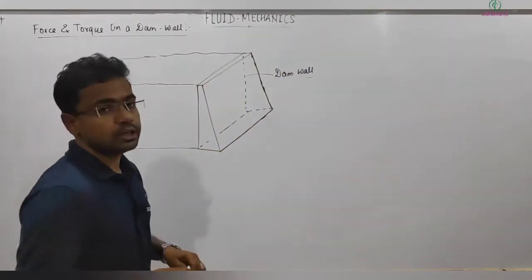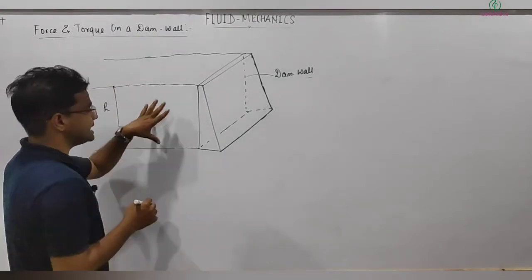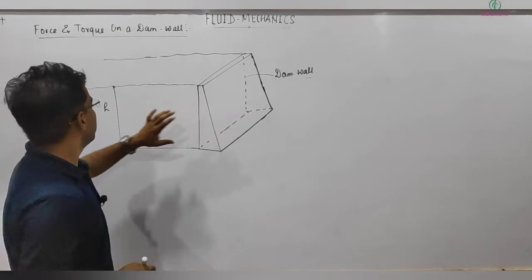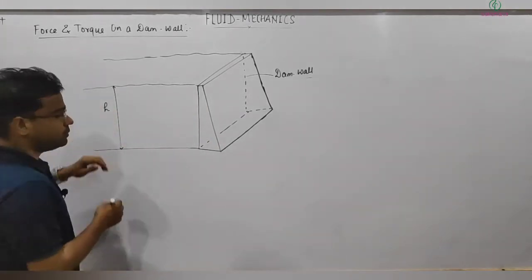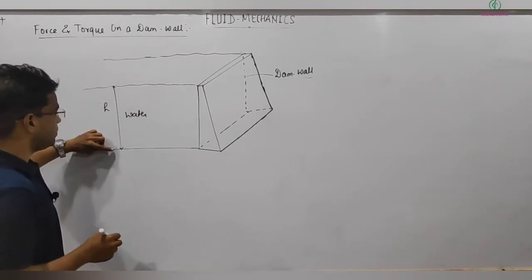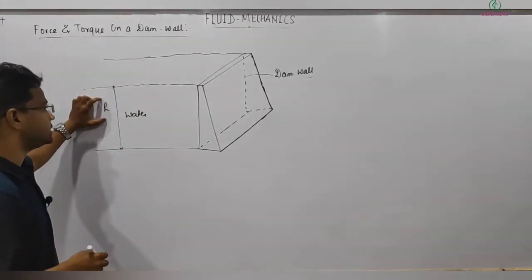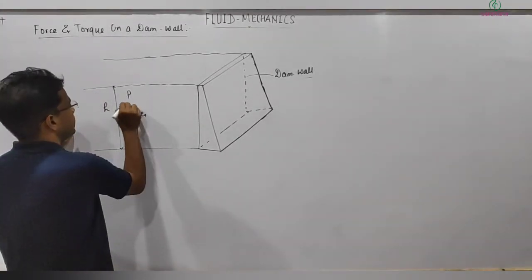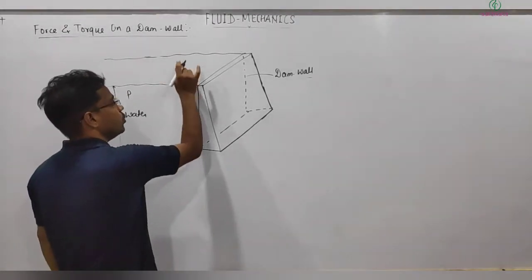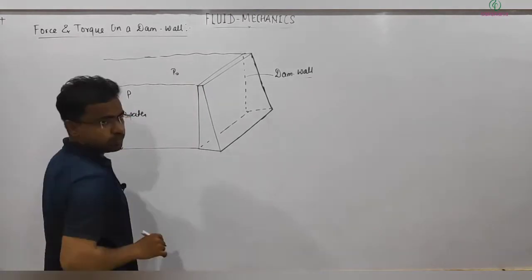It's a simple thing. First, let's consider this is a dam wall, and the height of the water filled in it, from the bottom, is h, and I'm taking its density as rho. Outside, it is open to the atmosphere, so the pressure will be P naught.